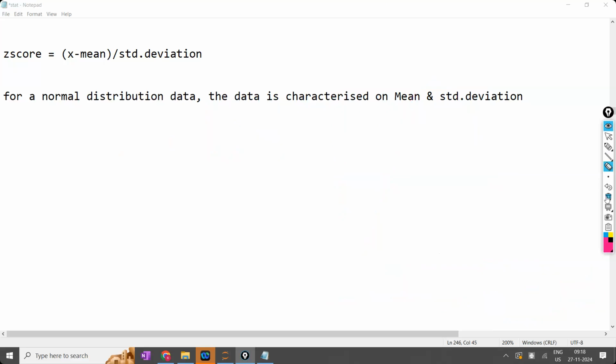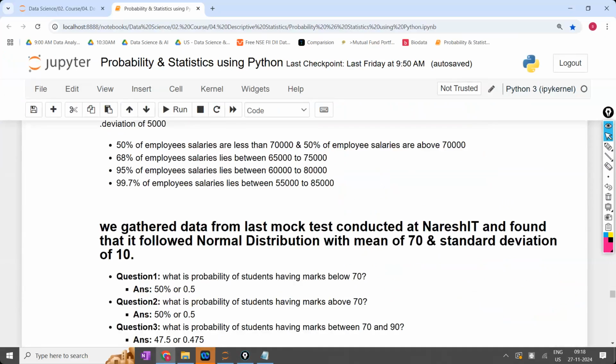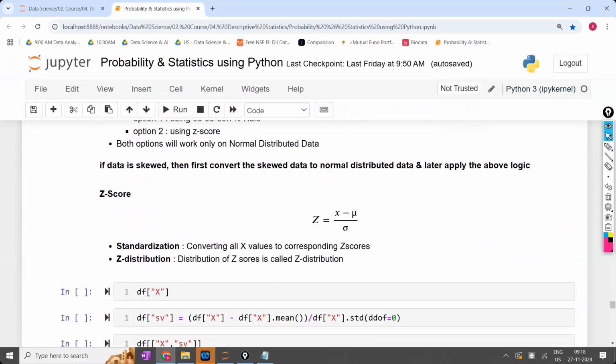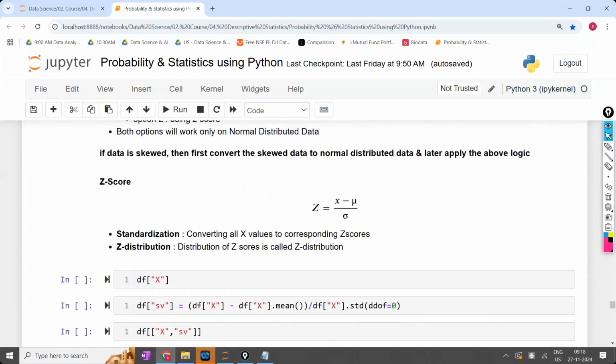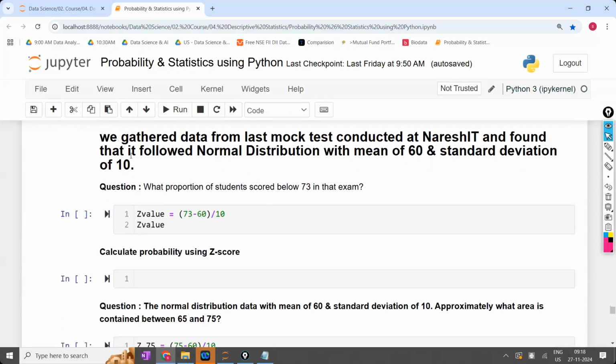Now, let's take an example. If we have gathered the data from the last mock test at Naresh IT and found it to be a normal distribution with a mean of 60 and a standard deviation of 10.